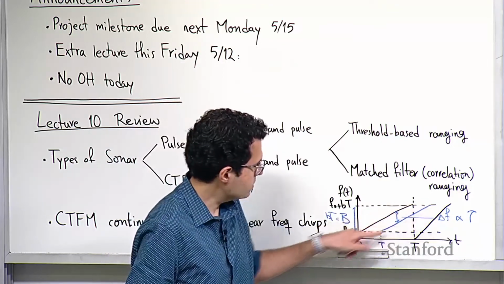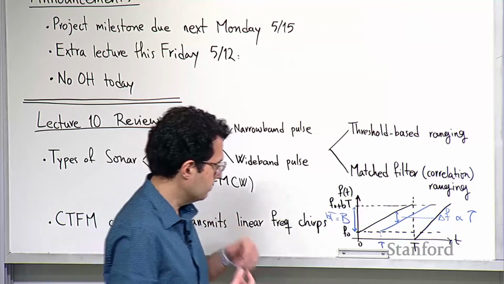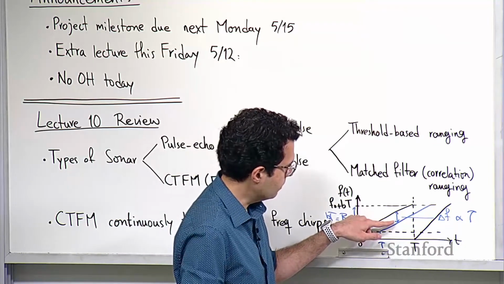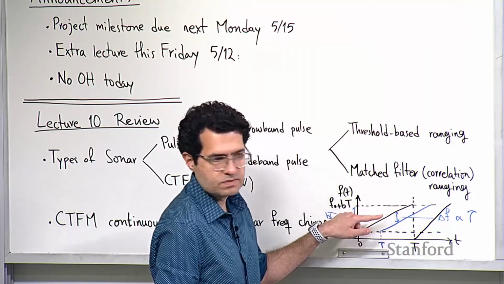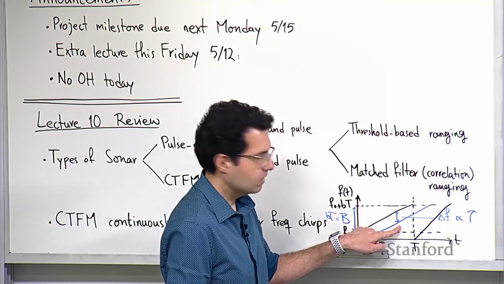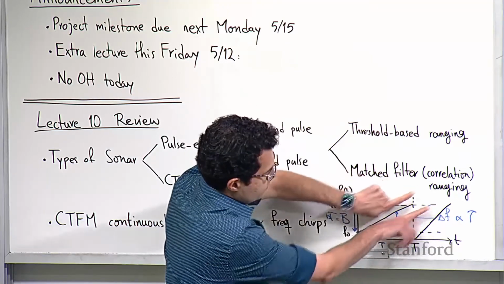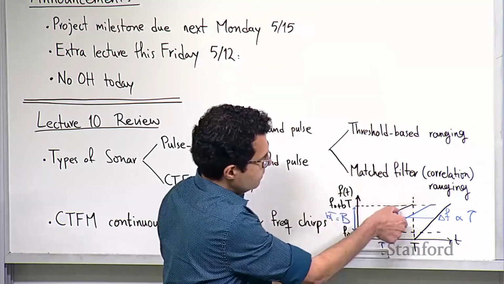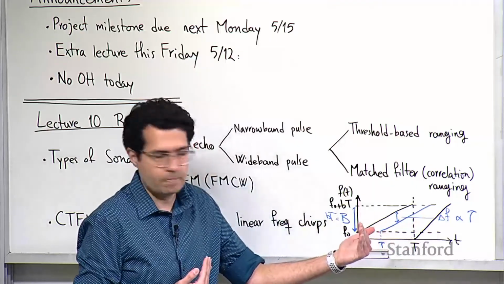So you essentially get the same thing, and really the beauty of this technique is that if you look at the difference in the instantaneous frequency of the waveform that you transmitted and the echo that you've received, first of all, these are two parallel lines, right? So the delta frequency is going to be constant for the duration that you're receiving the echo, okay?